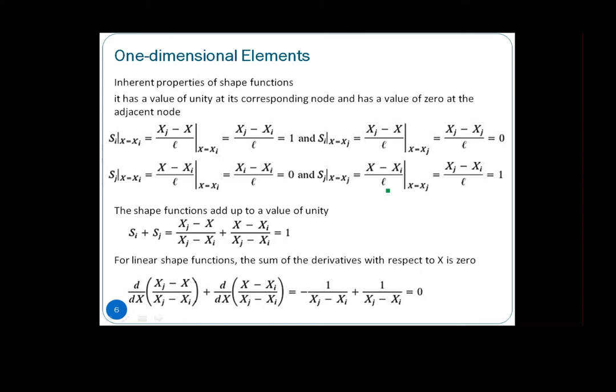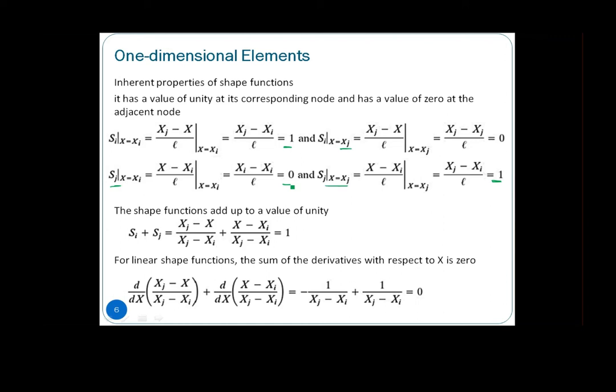Whereas the shape function at node I, when x equals the adjacent node xj, is 0. Those are the properties. Same with the shape function at node j, Sj: when x equals xj itself, it equals 1, but at the adjacent node I it has no relationship, so it is 0.